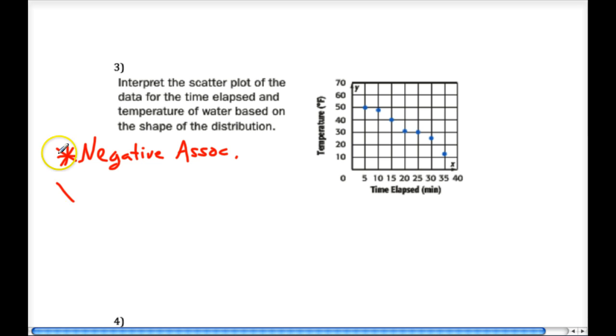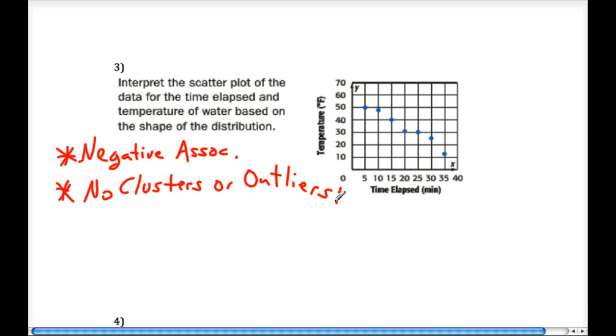Any clusters or outliers? What do you guys think? No clusters or outliers. That's what you guys are going to have to talk about. And the last thing is, what else did you guys learn from that first table there?